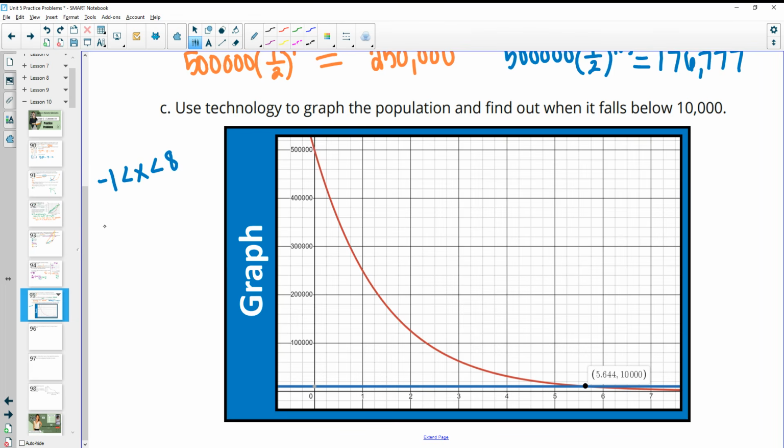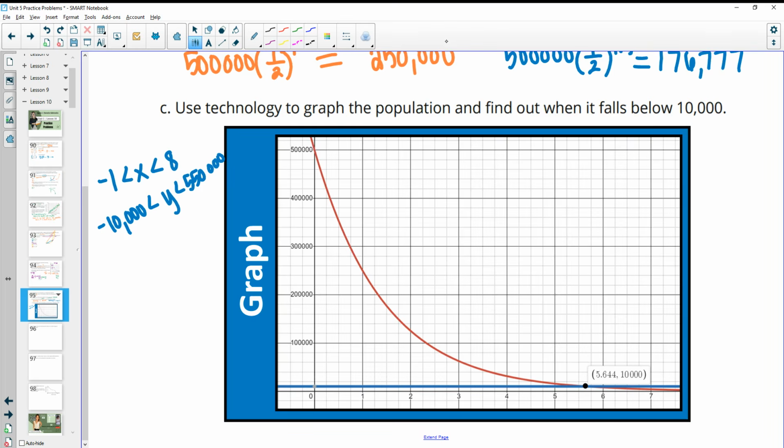And then for y's, I put in like -10,000. And then my top value is 500,000. Well, really 550,000. So you can see what's happening.